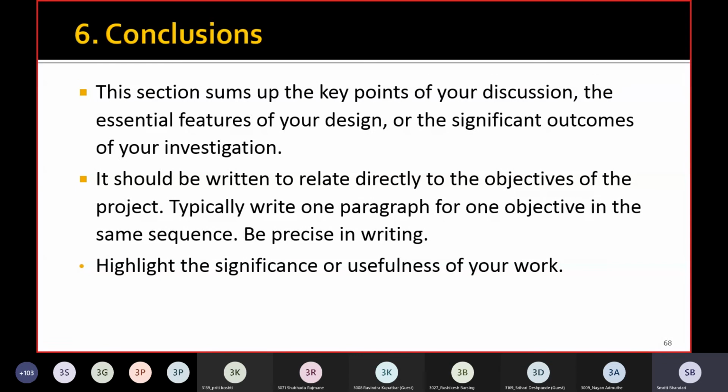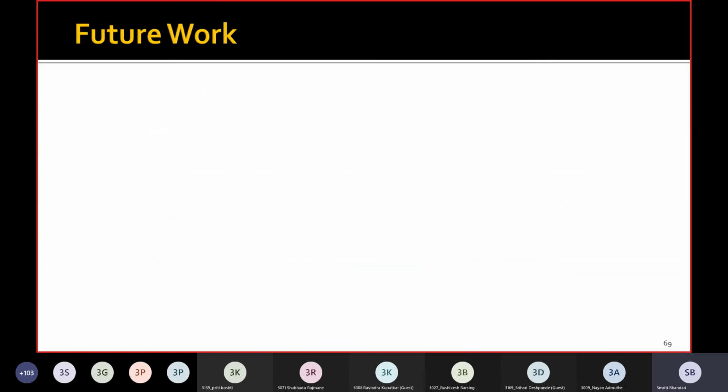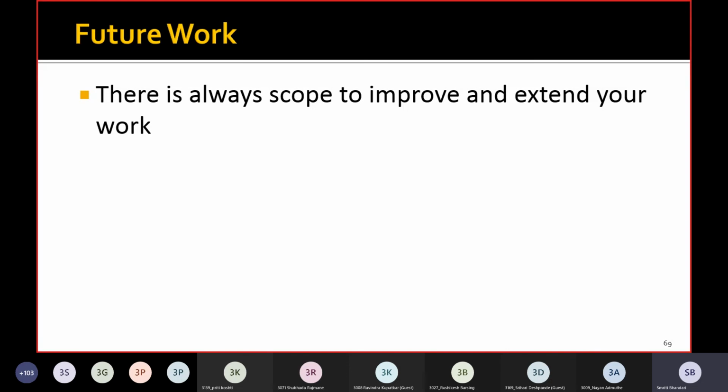Then highlight the significance or the usefulness of your work. How useful your project is, how useful your software is. You need to highlight that. Further, you should acknowledge the limitations, if any, and you should recommend some details as future work, right?